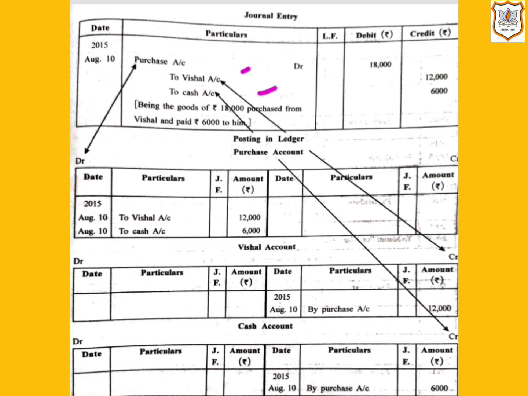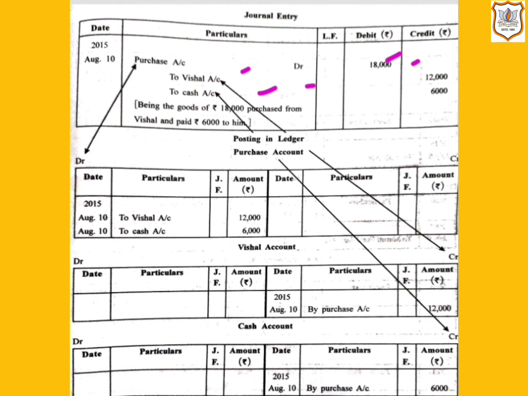Thus, in purchase account, effect of total purchase of rupees 18,000 is tallied by rupees 12,000, that is by Vishal account, and 6,000 by cash account.